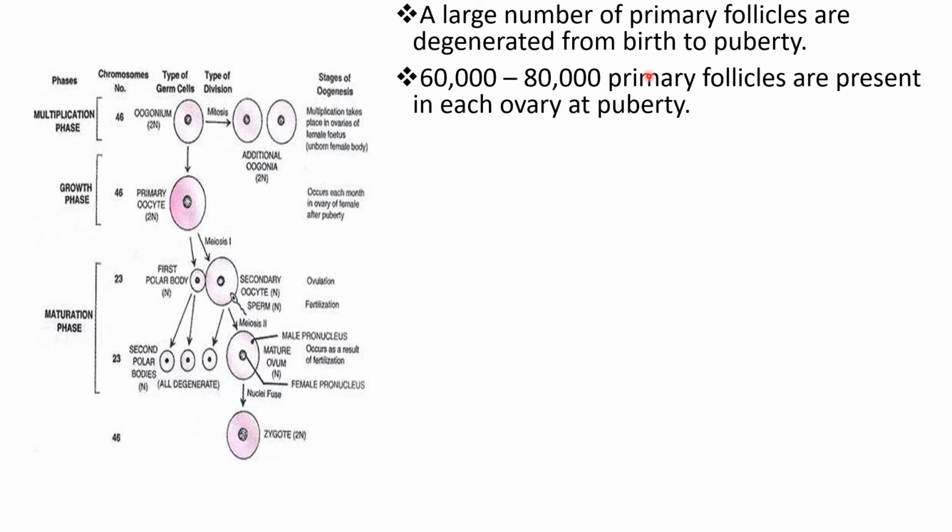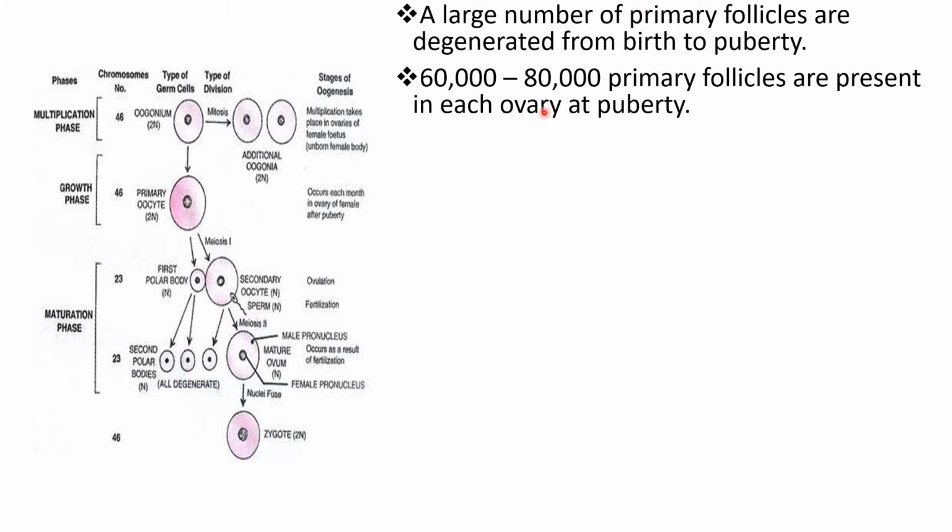Next, a large number of primary follicles degenerate from birth to puberty. As we learned earlier, millions of primary follicles are present in the newly born female baby. From birth to puberty, that large number will decrease.